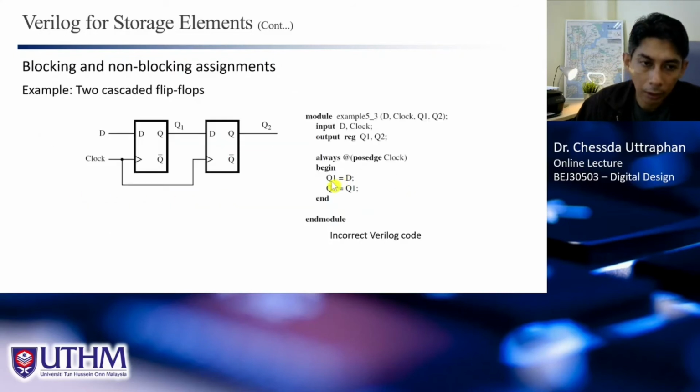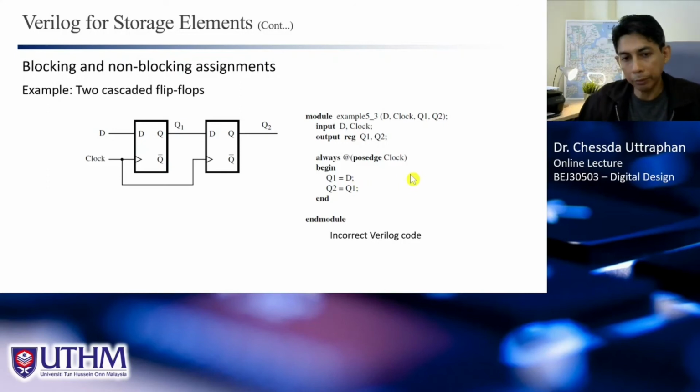Means that when we have many statements in one always block like this, the Verilog compiler will evaluate this and this in order, and after evaluating all the statements, it will create the circuit. So the second statement will depend on the first statement.